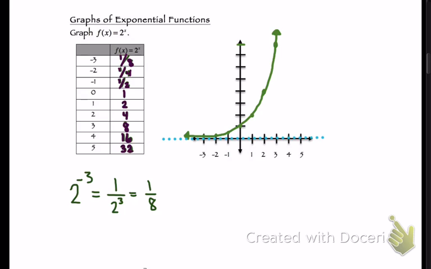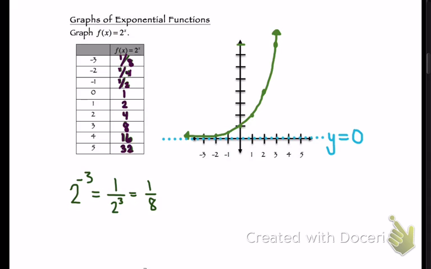So I'm telling you, as x is approaching negative infinity, as x is going to the left, the y value is going to approach 0, meaning it's going to get as close as it possibly can get to it, but it's never actually going to touch it. Okay, so understand it's going to get as close as it possibly can, but it's never going to touch it. That has a special name.